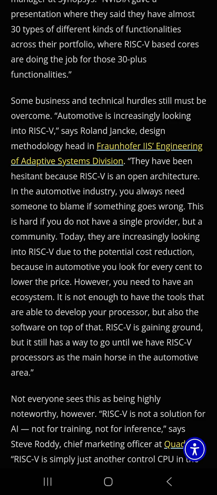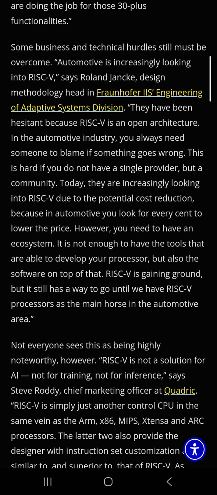They have been hesitant because RISC-V is an open architecture, and in the automotive industry you always need someone to blame if something goes wrong. This is hard if you do not have a single provider, but a community. Today, they are increasingly looking into RISC-V due to the potential cost reduction, because in automotive you look for every cent to lower the price.